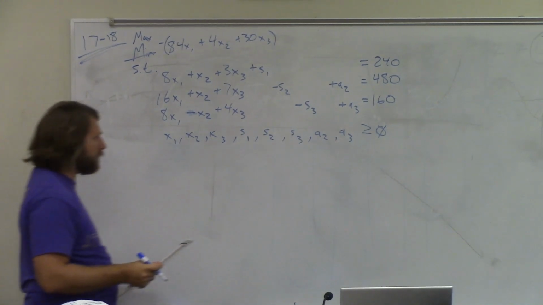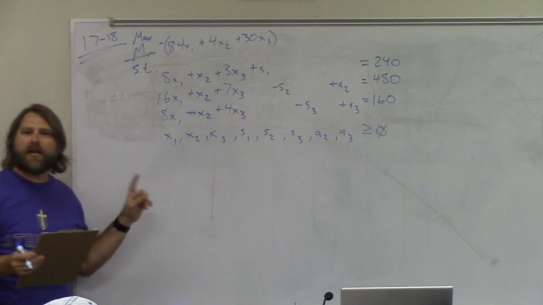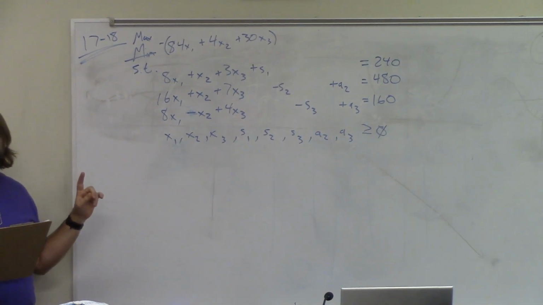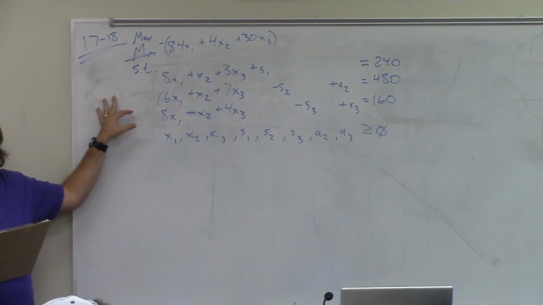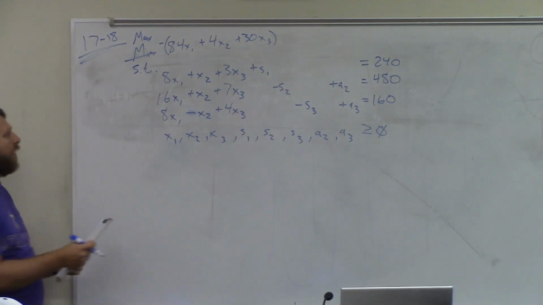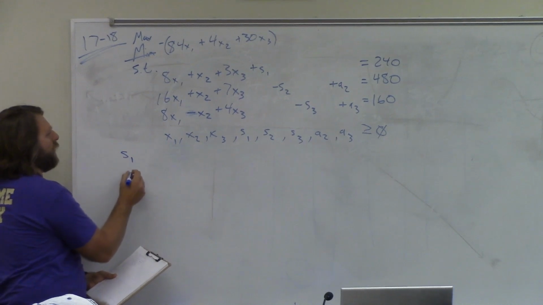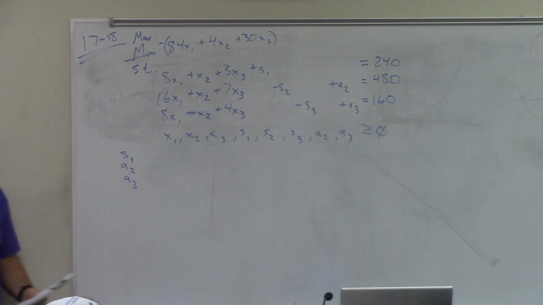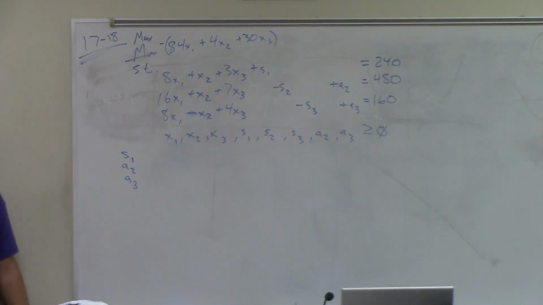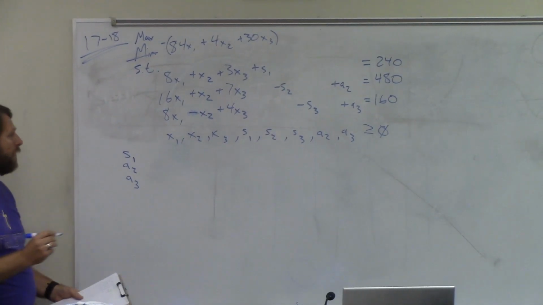All right. What is going to be our starting basis for the simplex method here? Which variables are we going to assume to be non-negative? S1, A2, and A3. Okay? And what are their initial values going to be?